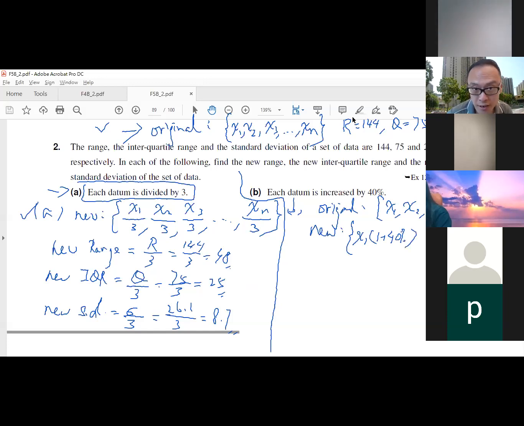The first data. And then the second data is x2 multiplied by 1 plus 40%. And then x3 will be x3 times 1 plus 40%, and so on. And the last one becomes xn times 1 plus 40%. Okay? This is the new set of data.